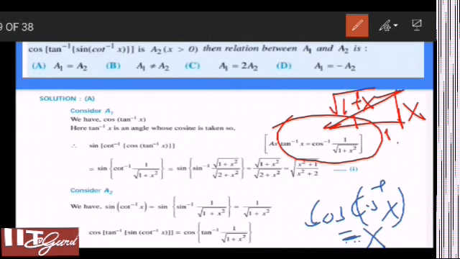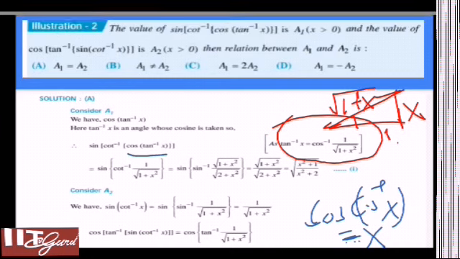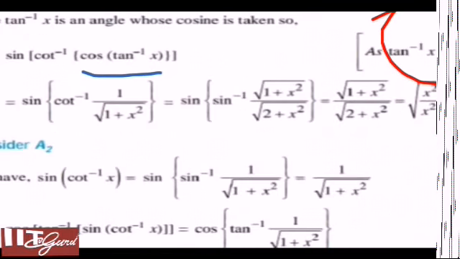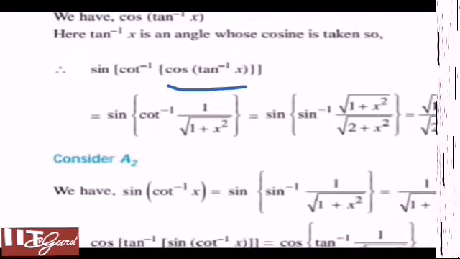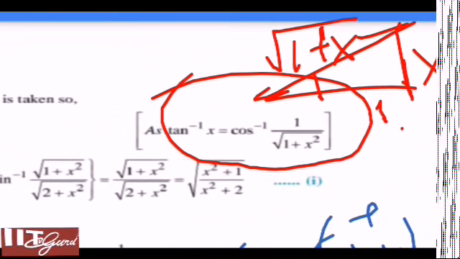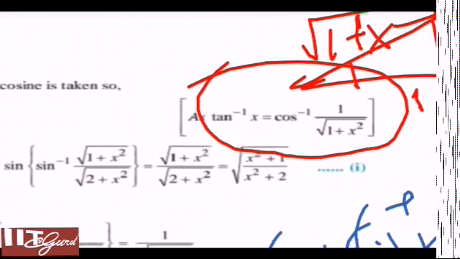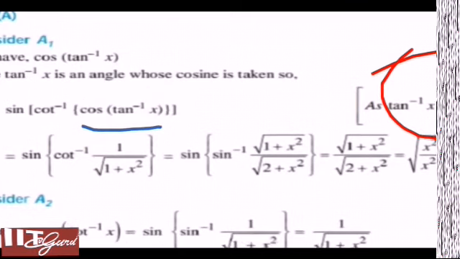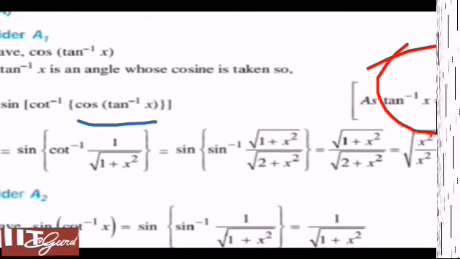So we can directly say 1 upon under root 1 plus x square. Let me zoom in. 1 upon under root of 1 plus x square, right? So for cos of tan inverse x, we have cos inverse 1 upon under root 1 plus x square, and the cos of cos inverse is the same. So that will be cot inverse 1 upon under root 1 plus x square, and sine of this.